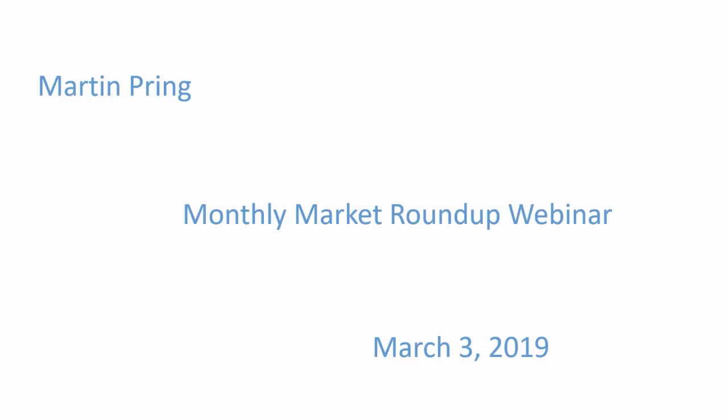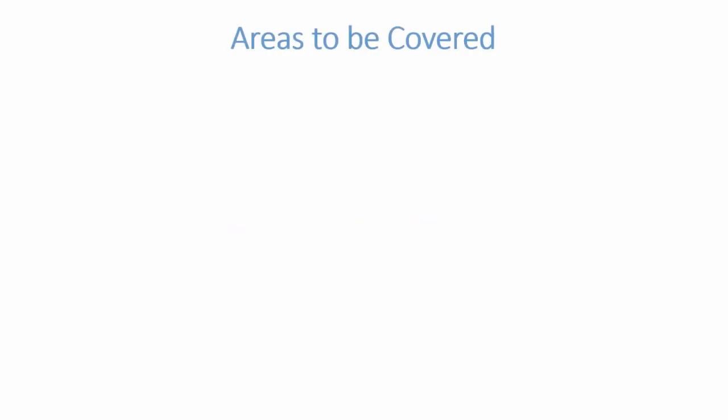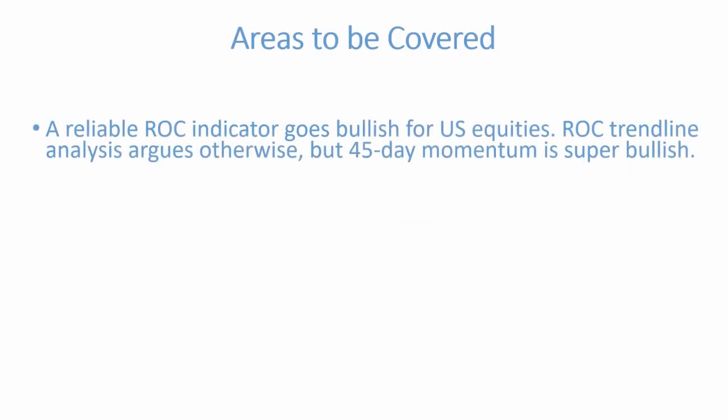Let's get going. So the areas I'm going to be covering today are, first of all, a reliable rate of change indicator that's gone bullish for US equities, and we can take this indicator back to the 1950s, and it's been pretty consistently accurate. But by the same token, as I keep mentioning about the probabilities being fairly evenly matched, we've got some rate of change trendline analysis looking at different rates of change, which argue more in a bearish direction.